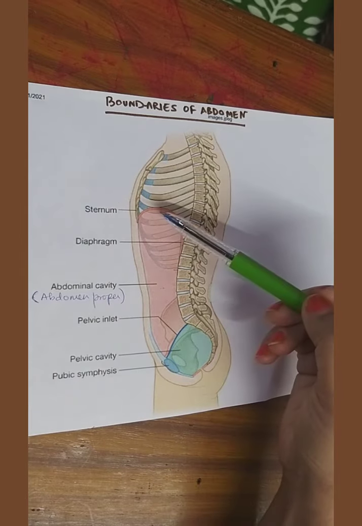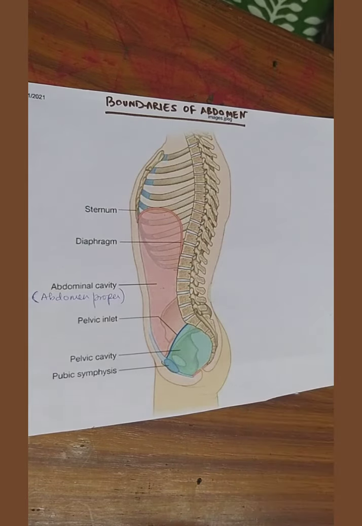The abdominal wall and the contained viscera are covered by the serous membrane, which is also known as the peritoneum. And the peritoneum has two parts or layers, the parietal and the visceral layers.